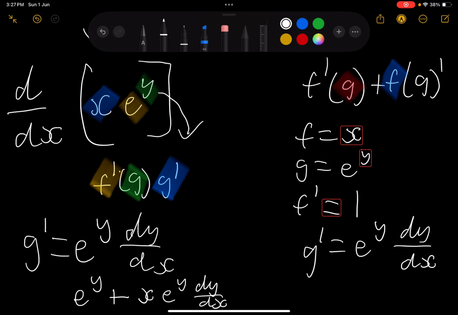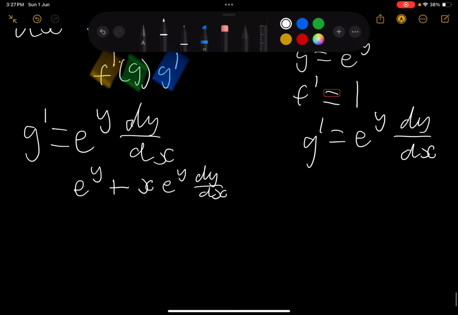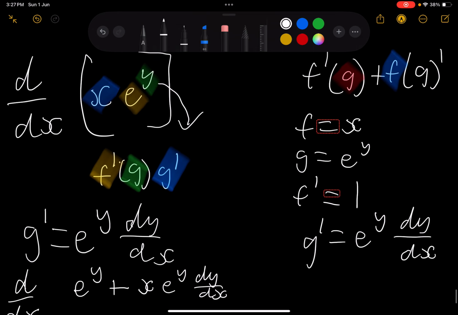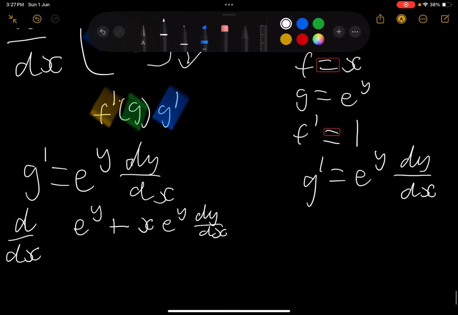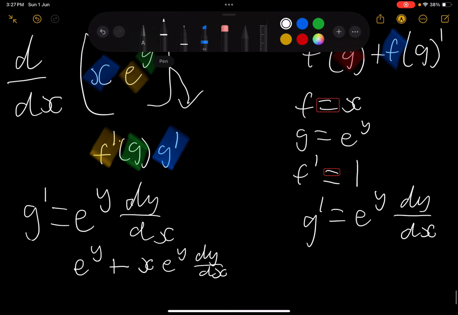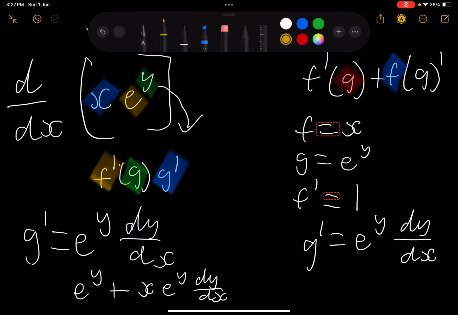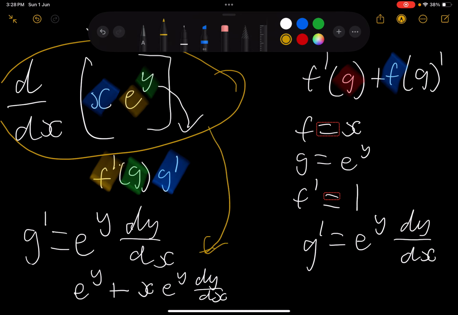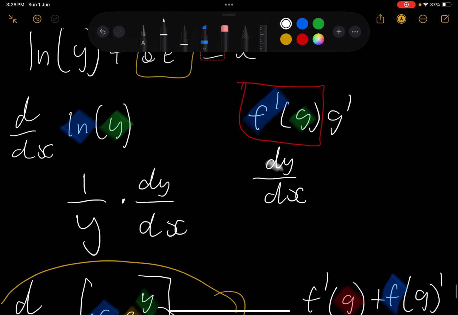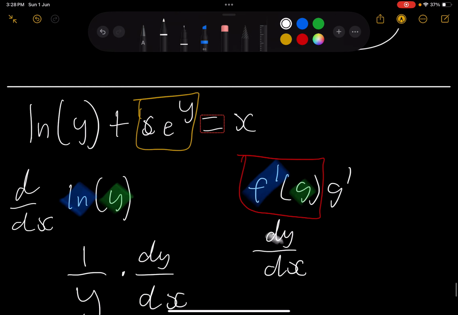So this right here is what the derivative of x e to the power of y is with respect to x. So that gives us 2 of our parts done. We've done this and this.